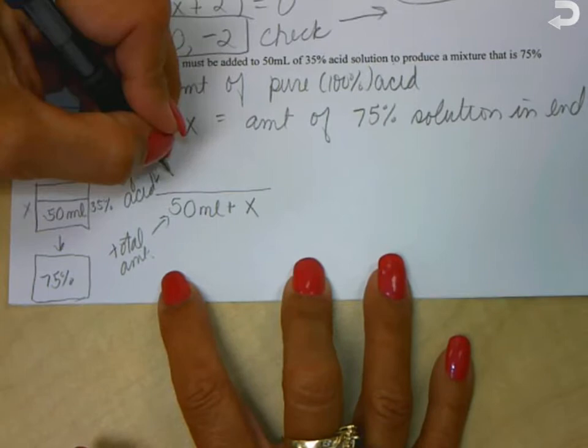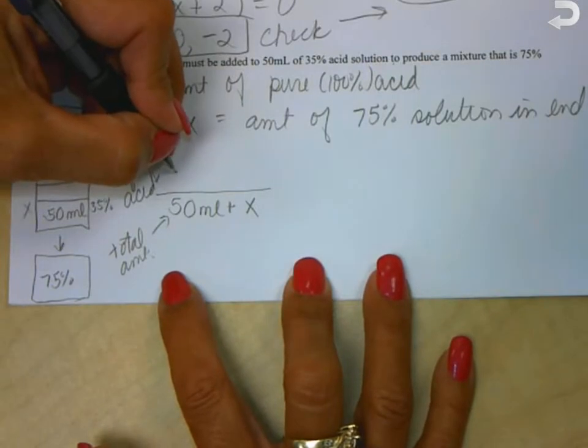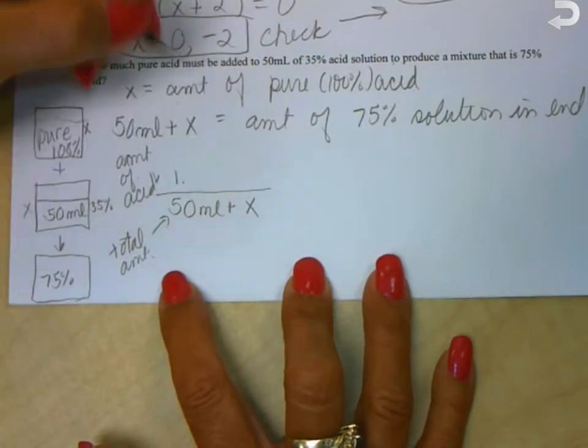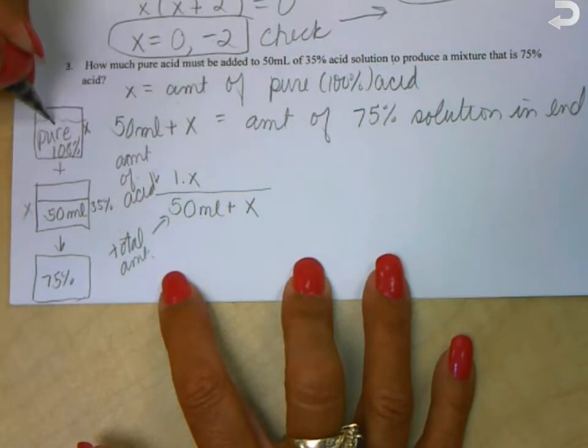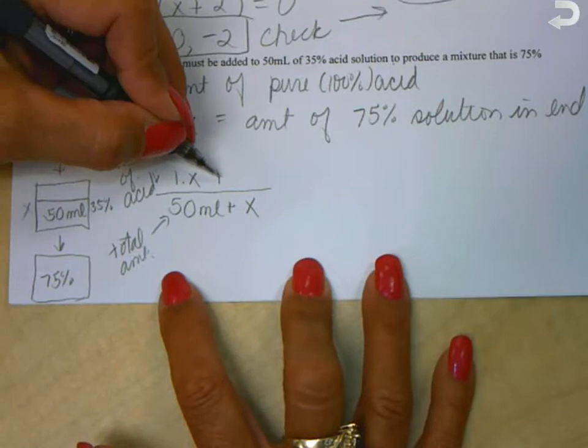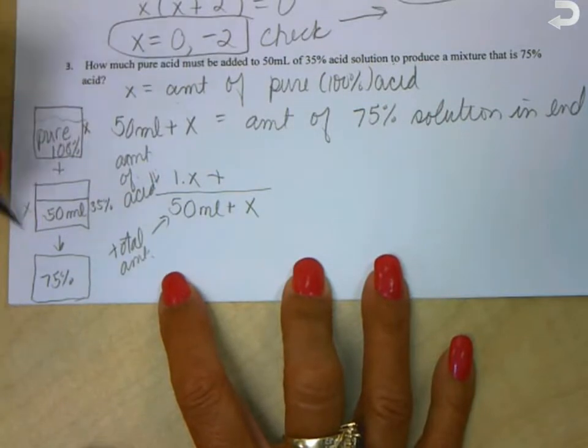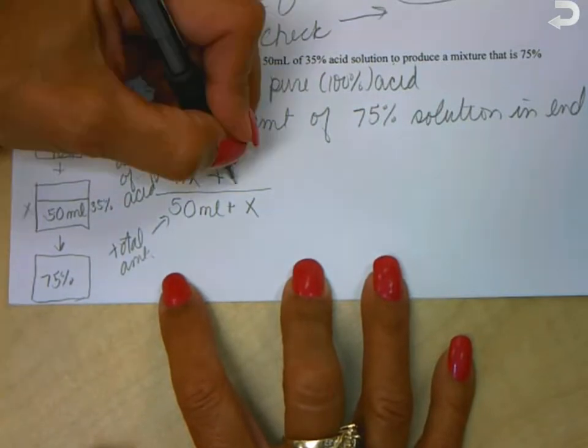The amount of acid I have is controlled by this X milliliters of pure acid that I'm going to put in. So when I take my 100%, put it as a decimal, 1 times X, that's the amount of acid that's going to come from this beaker.